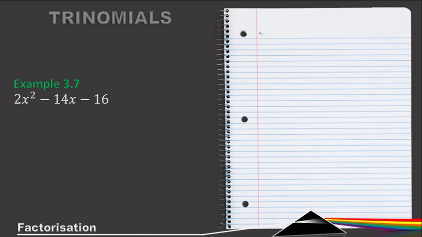So if I first take out the 2 as a common factor, then for the first term I've got left x squared. The next one becomes minus 7x, and then finally, the 16 divided by 2 gives me minus 8. So now I can take my factors of 8, which is 1 times 8 and 2 times 4.